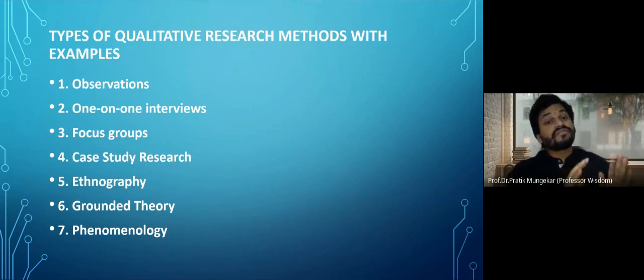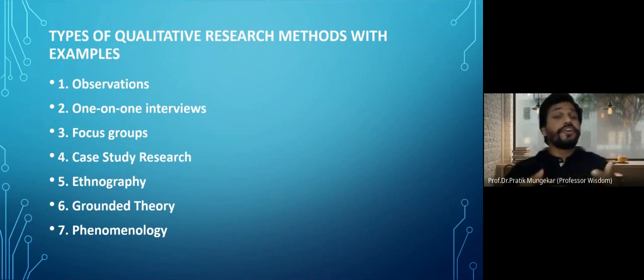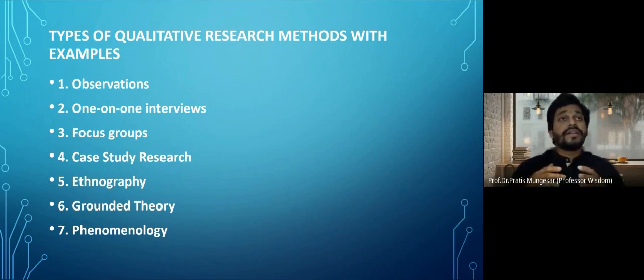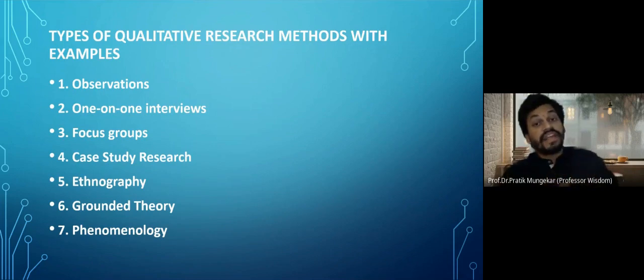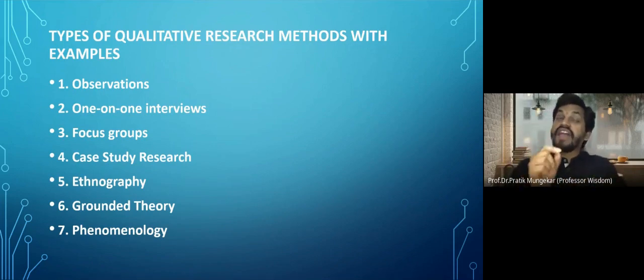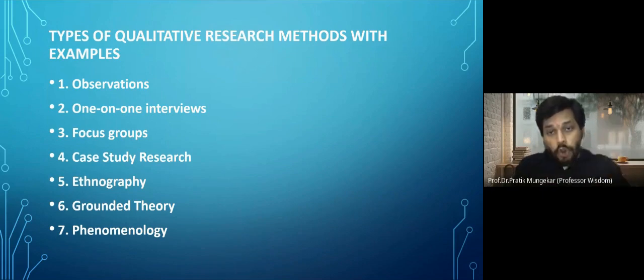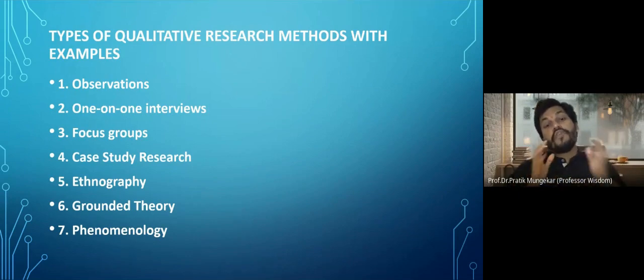Next is ethnography. Ethnography is a descriptive type of qualitative research that deals with people and their culture. This method aims to study individuals' behavior in their natural habitat. Here, the researcher lives with the target audience, acts as an observer, and gets involved with their environment.